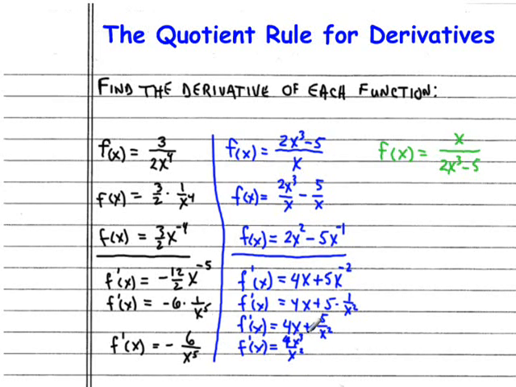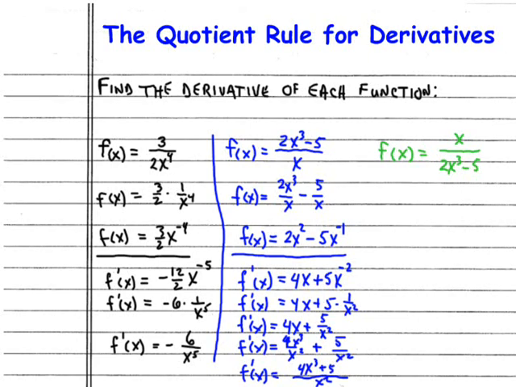I've just multiplied the numerator by x squared and the denominator of 1 by x squared, and then plus 5 over x squared. And so our final result would have a denominator of x squared, and our numerator would be 4x cubed plus 5.